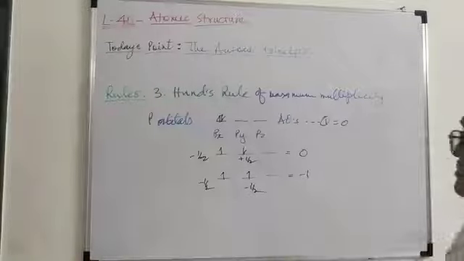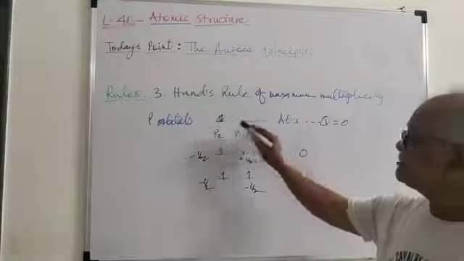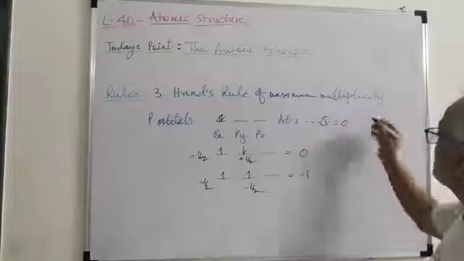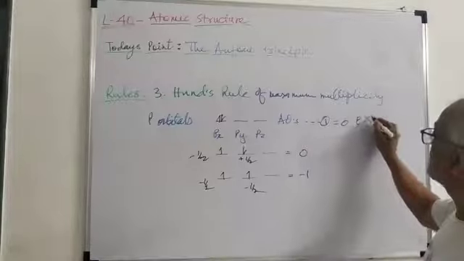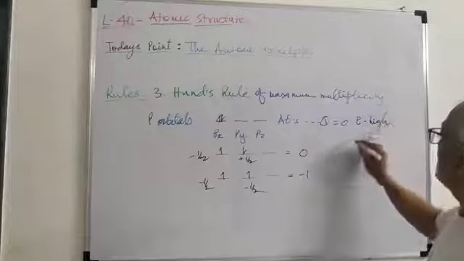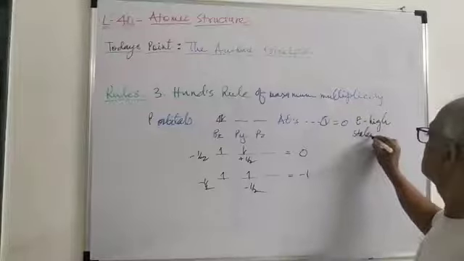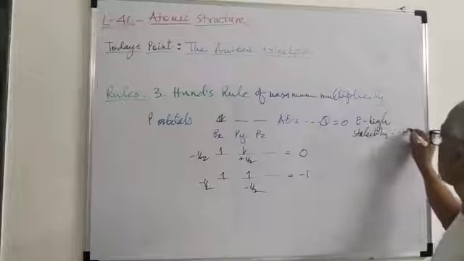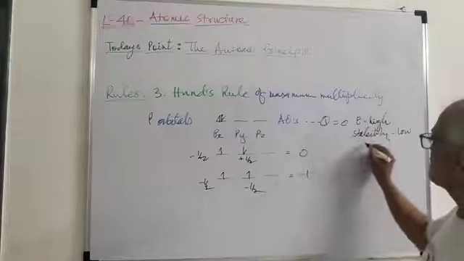Now when the total spin is 0, the spins are paired. When the spins are paired, the energy of the system is high and stability is low. Here also the same case.